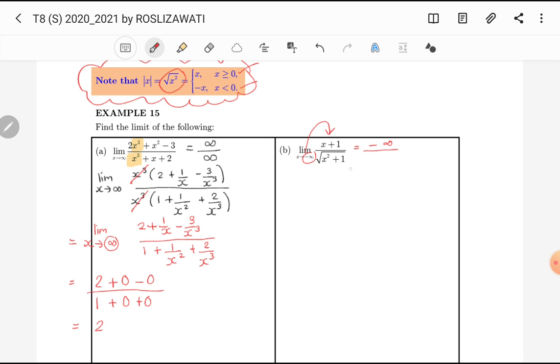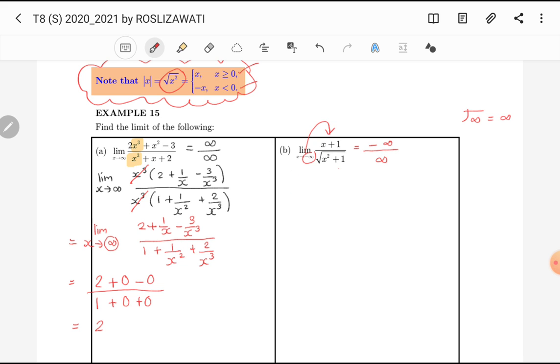So, infinity plus 1 is infinity. And square root of infinity is still infinity. Sebab infinity ni nombor yang sangat-sangat besar. Kita square root pun, dia masih infinity. Okay, so negative infinity over infinity which is undetermined.